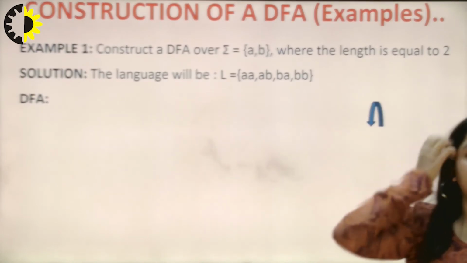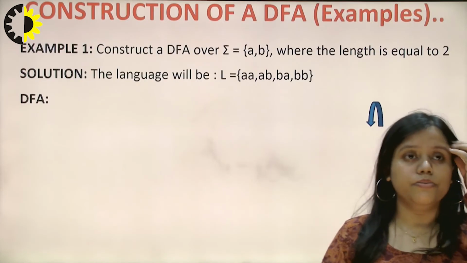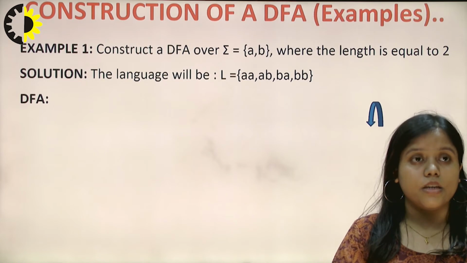Now, construct a DFA over A, B where length is equal to 2.